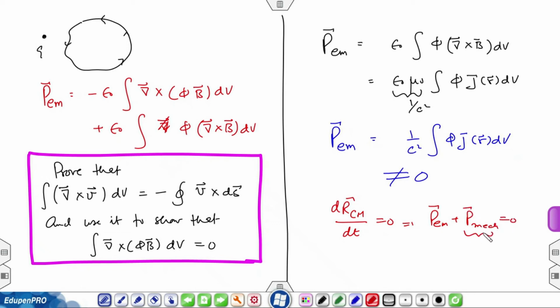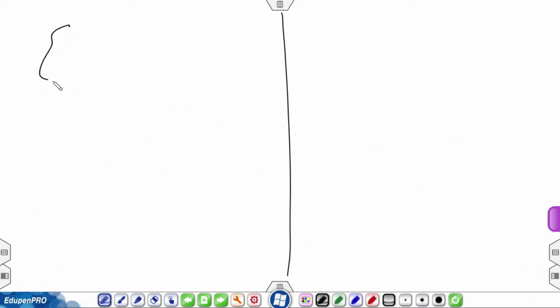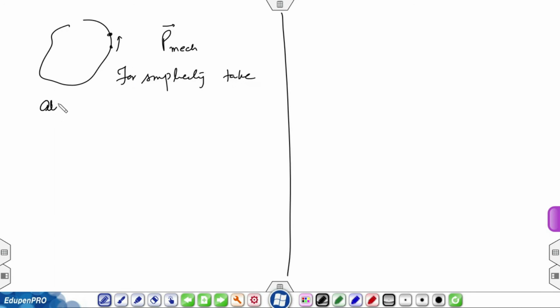So, I need to calculate mechanical momentum, and keep in mind that P mechanical is calculated relativistically. In the circuit, these charges are moving, and I want to calculate P mechanical for these charges. For simplicity, take all carriers to be identical, that is q is the same, mass is the same, and there is some velocity v_i.